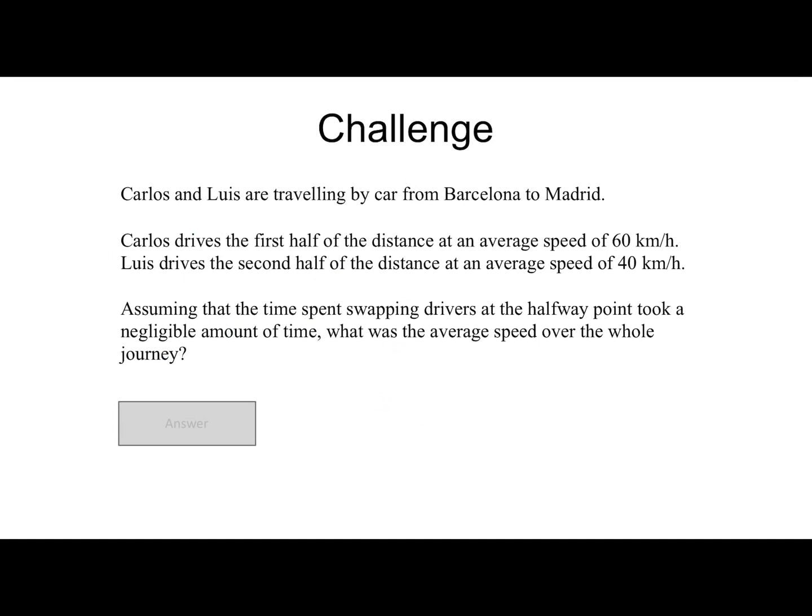Okay, the way to do this is to write down your speed, your distance, and your time. So I'm going to make the total distance equal to 2x. Because that way, the distance Carlos has driven is x, and the distance that Luis has driven is also x. Okay?